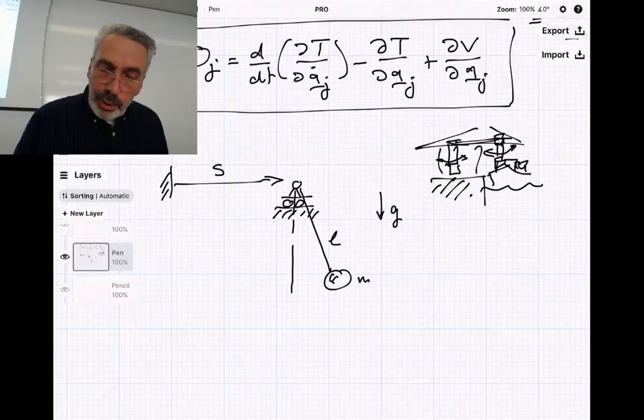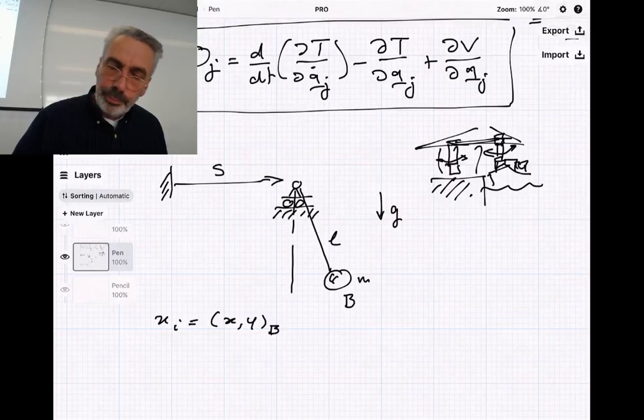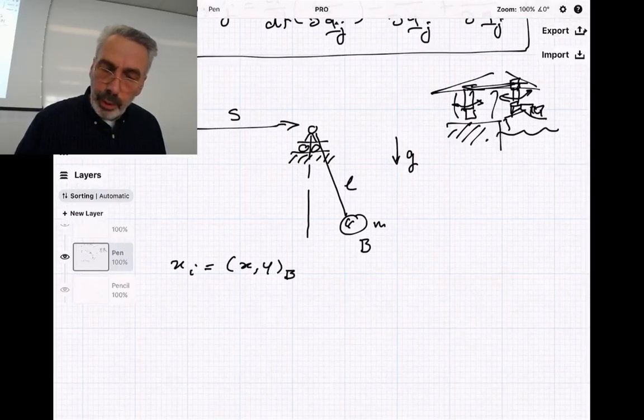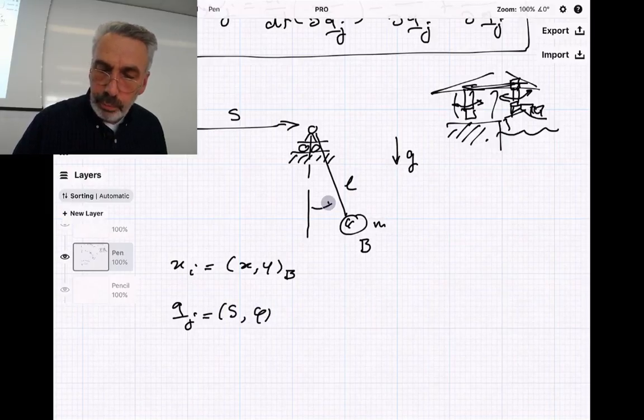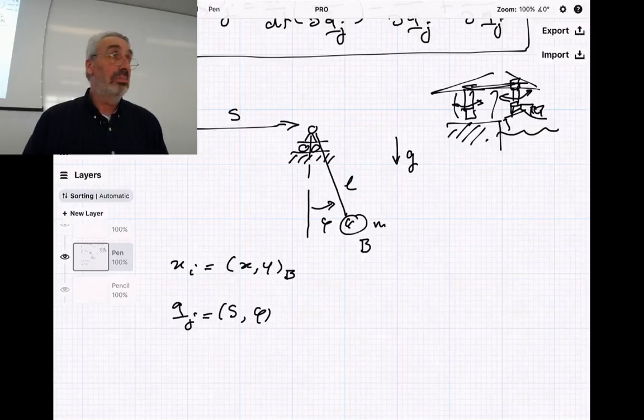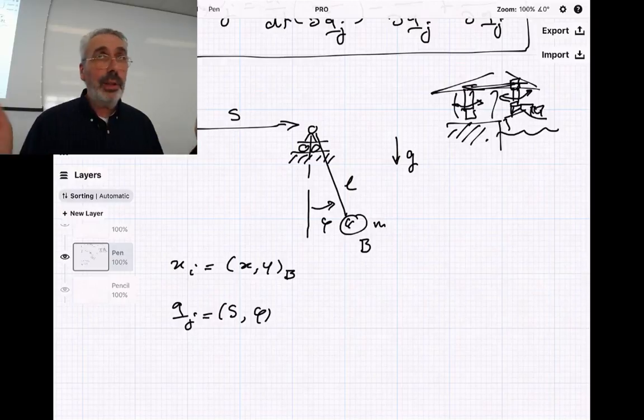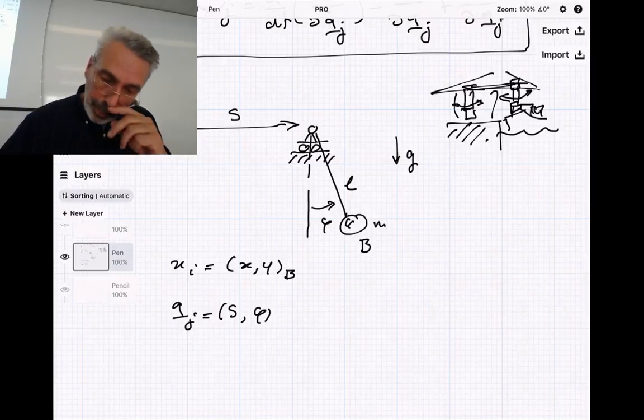Now, the CM coordinates are in this case just the x and y coordinate of this bulb, of this mass here. And the generalized coordinates, well, what do we take? Distance s, angle phi? Seems like a natural choice. You could also take other things, but for now let's do this.